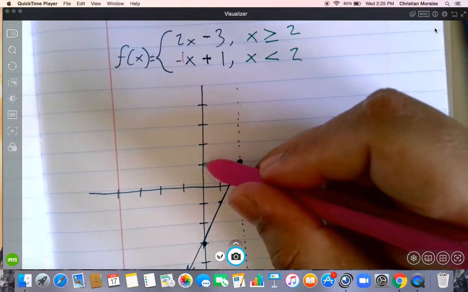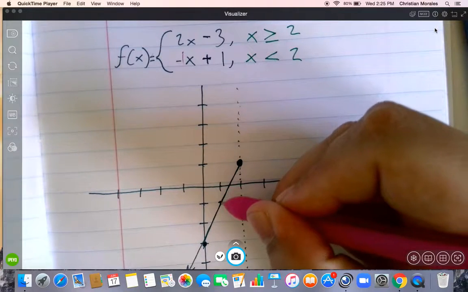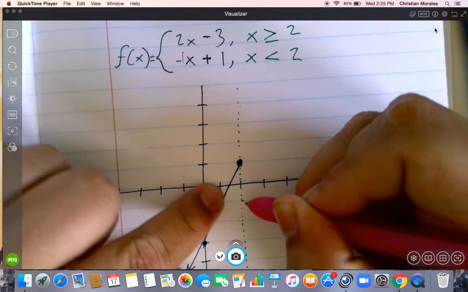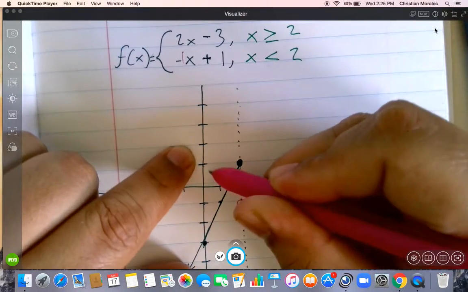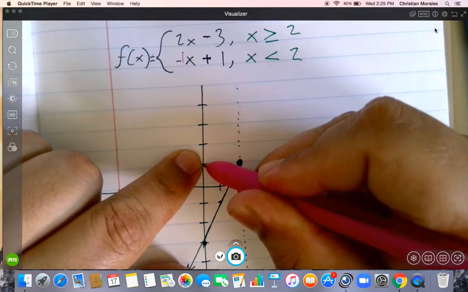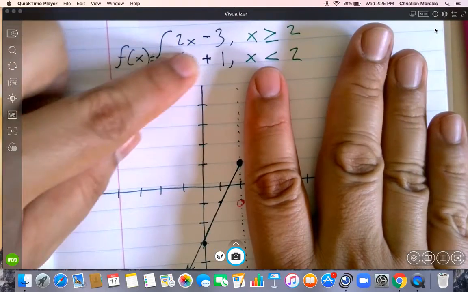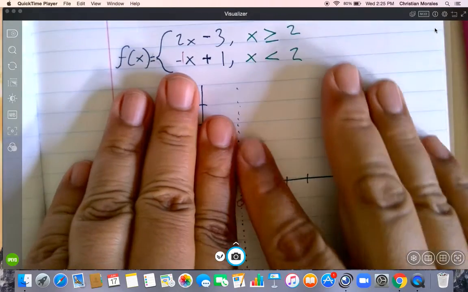So it starts here, but it has a -1 over 1. So it would go down 1 over 1, down 1 over 1. Now this is where it's important. When you get to this is where you're actually going to start. I know this was the starting point, but you're not using this part of the graph. This part of the graph is only for this one. This line starts on this side.